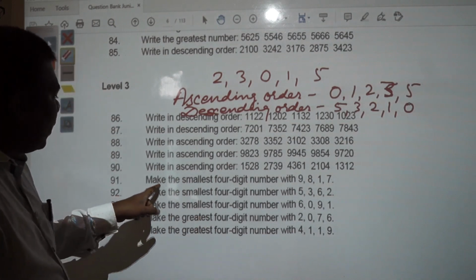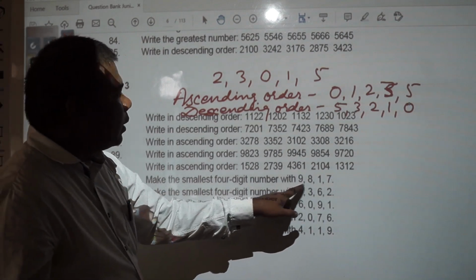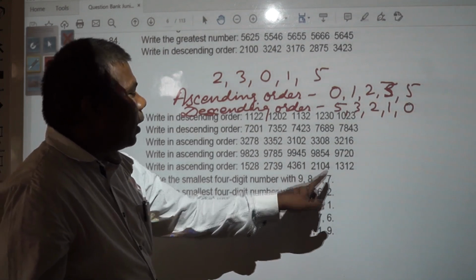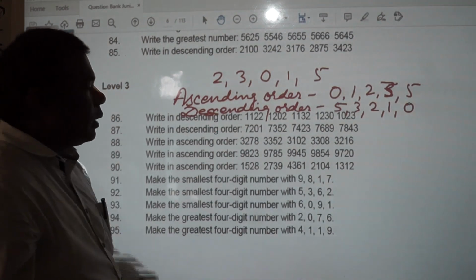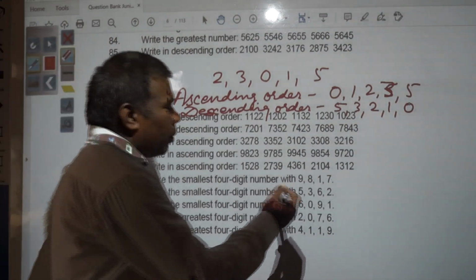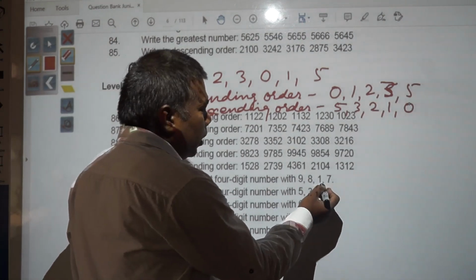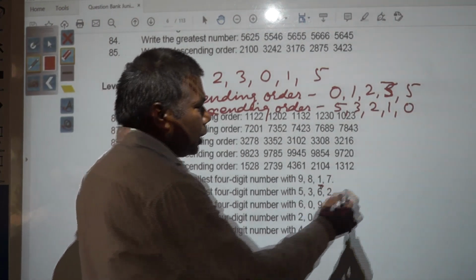Now next you have: make the smallest 4-digit number with 9, 8, 1 and 7. For making the smallest 4-digit number, what needs to be done? The number should start with the smallest one.